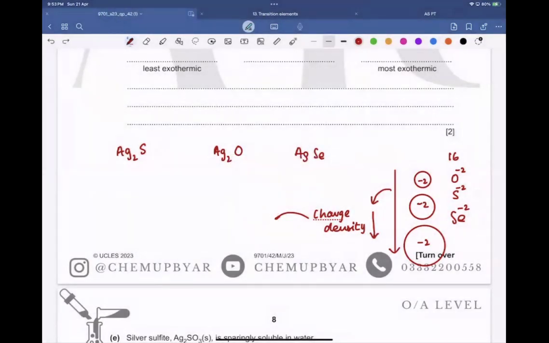Okay. So yes, what happens to the charge density? Charge density decreases, and as the charge density decreases, what happens to the attraction? Attraction decreases, and as the attraction decreases, it means that the lattice energy decreases. Is this understandable to all of you?